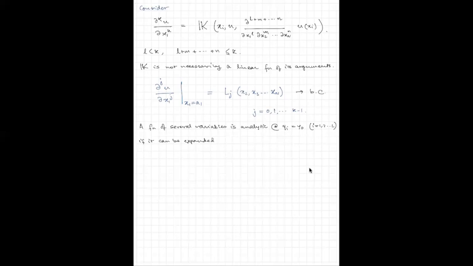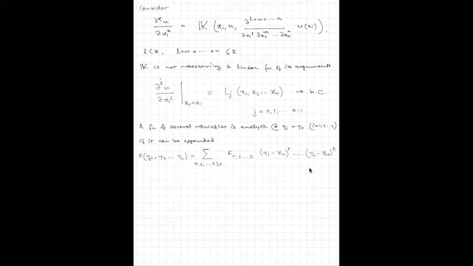This is something that we have seen before. So f of y1, y2, up to yL is equal to the summation over r, s, up to t greater than or equal to 0 of f_rs...t times (y1 minus y10) to the r, up to (yL minus yL0) to the t, and this is convergent if y_i minus y_i0 is small enough.